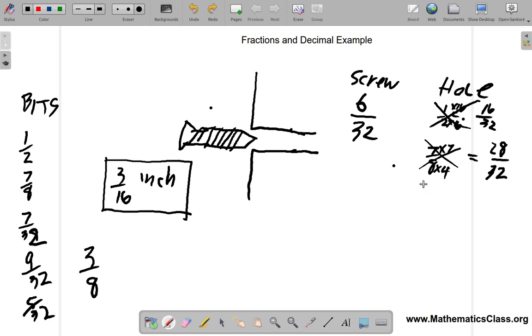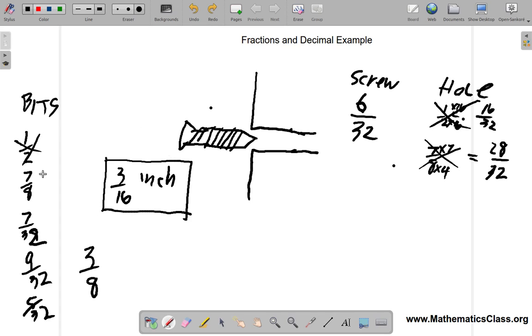What about the 7/32? The hole for the 7/32 is larger than the screw. That cannot work, right? You wouldn't even need to use a screwdriver. Just slide the screw in and it just drops back out. So the 7/32 can't work.